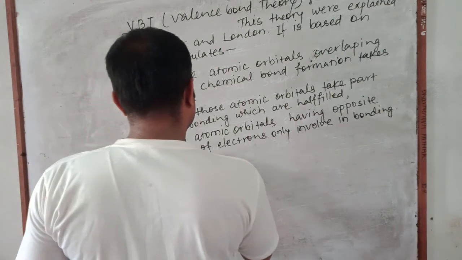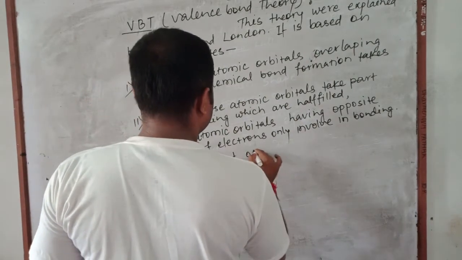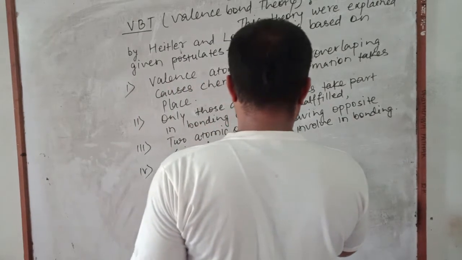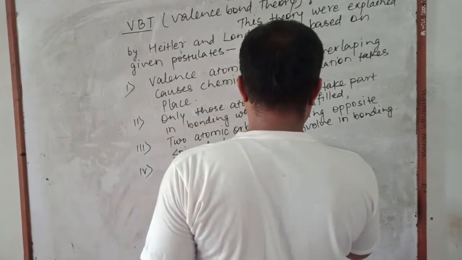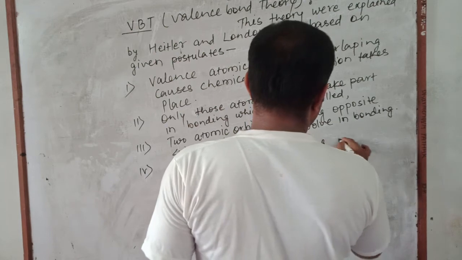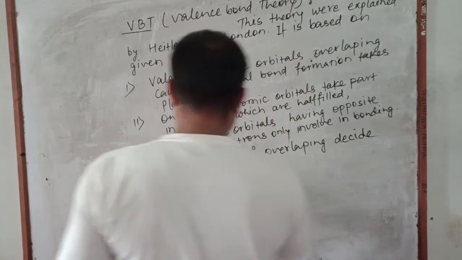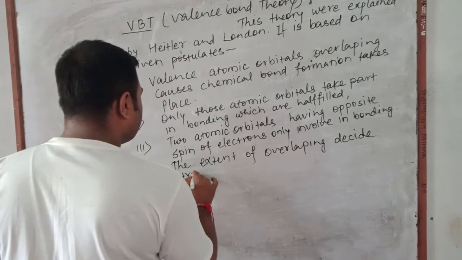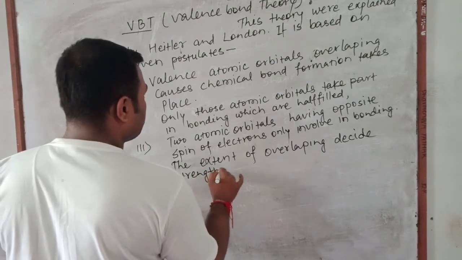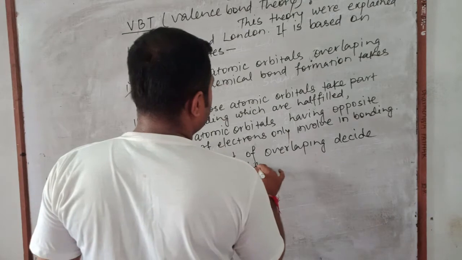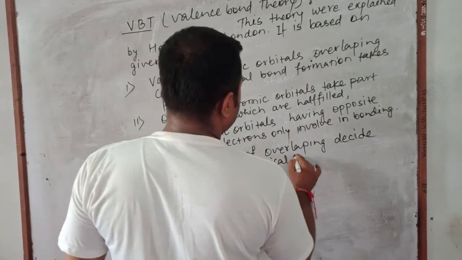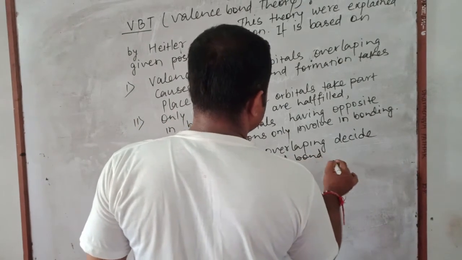The extent of overlapping decides the strength of the chemical bond.